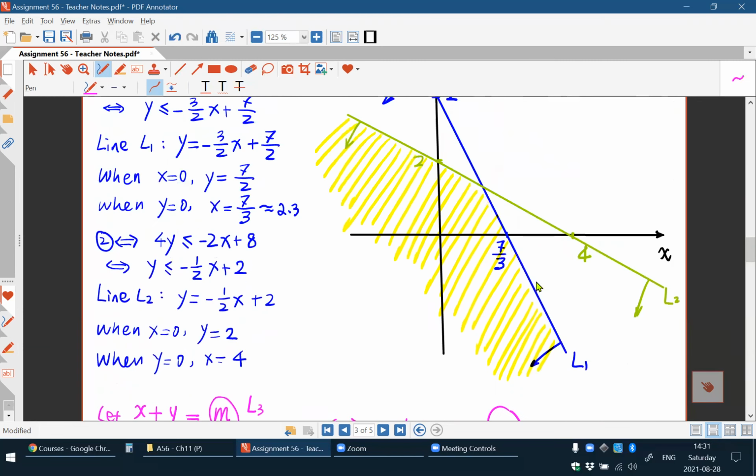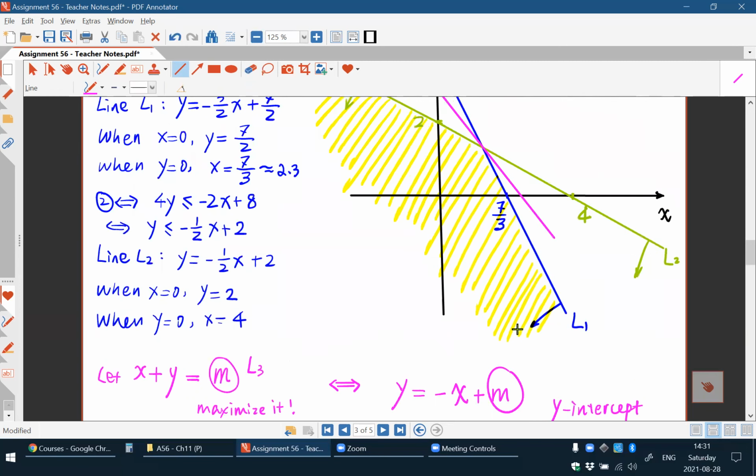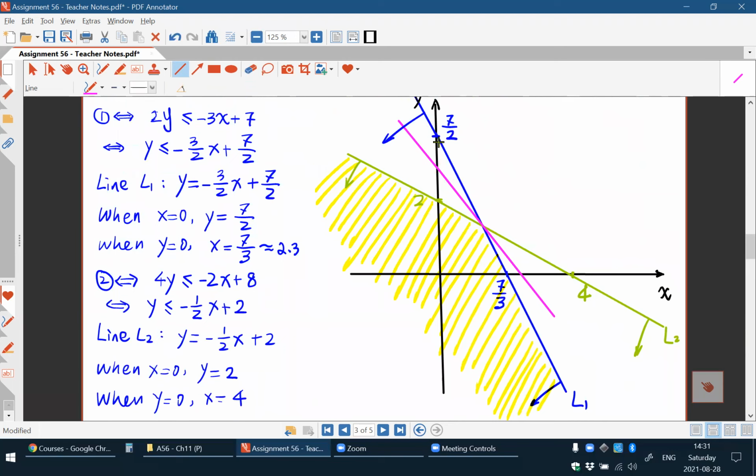This means the pink line should look like this. So if the pink line crosses the point here, it should be looking like this, right? Because the slope of the pink line is smaller than the green line and larger than the blue line.